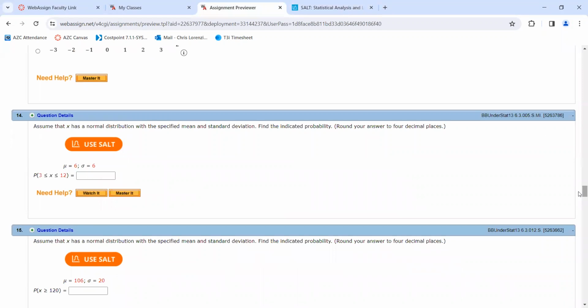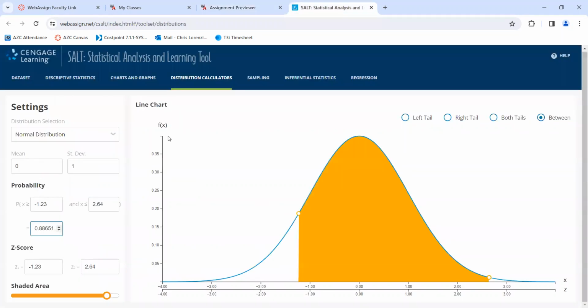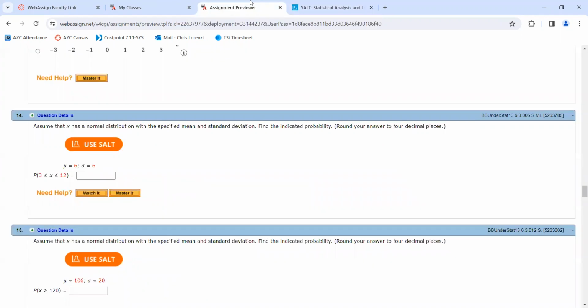So as we see, we're going to see this showing up a lot. If we take a look at number 14 and 15, they look very similar. The difference here is that it doesn't tell us it's a standard normal, and it doesn't give us Z. So as we're going through these problems, we just have to put in the appropriate information, and we want to make sure that we're also getting the appropriate region.